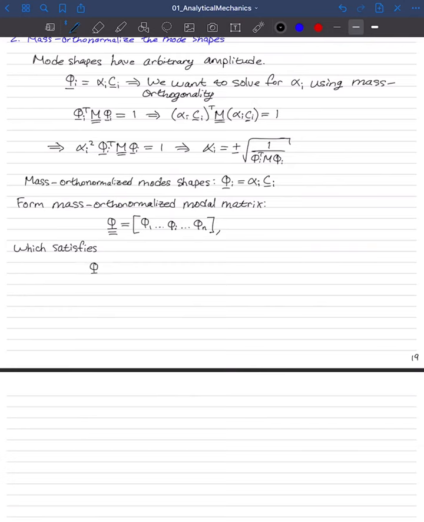I'm not going to write underbars anymore here. But so Phi transpose times m times Phi is equal to the identity matrix. And Phi transpose times k times Phi is equal to a diagonal matrix where the entries are omega I squared.